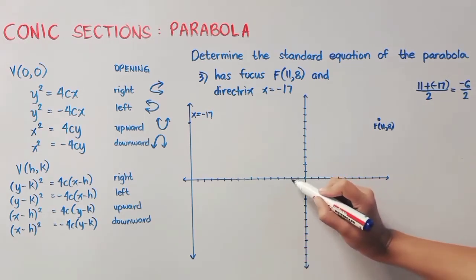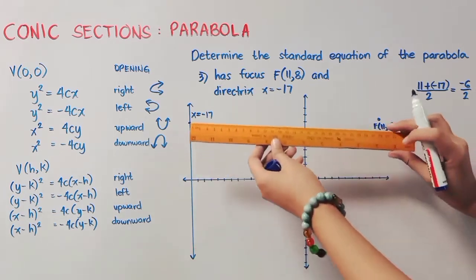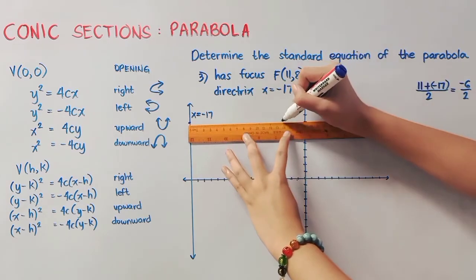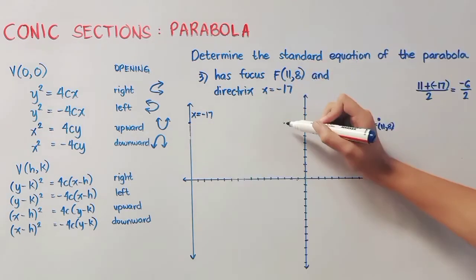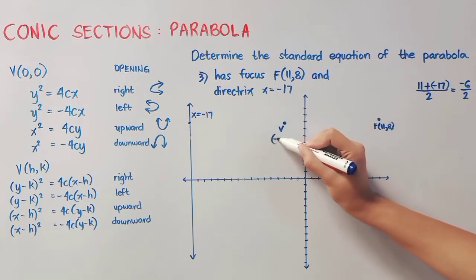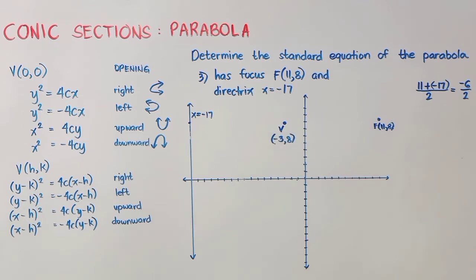Therefore, our vertex here is (negative 3, 8), which is in this point here. Again, our vertex is (negative 3, 8).